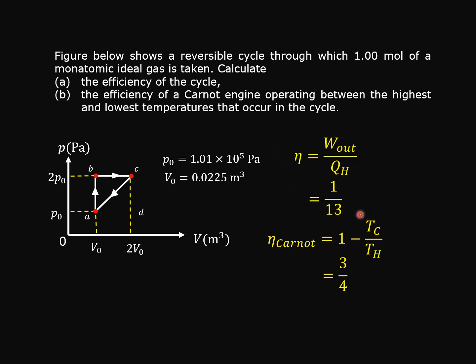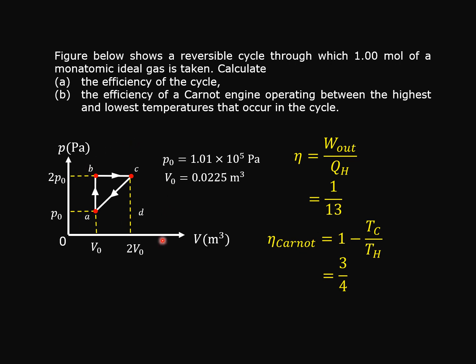Now we already have the answers for part A and part B. But what is the meaning of these two answers? It means that if there's a practical engine using a monoatomic ideal gas as a working substance, the highest temperature that it can achieve is TC and the lowest is TA.